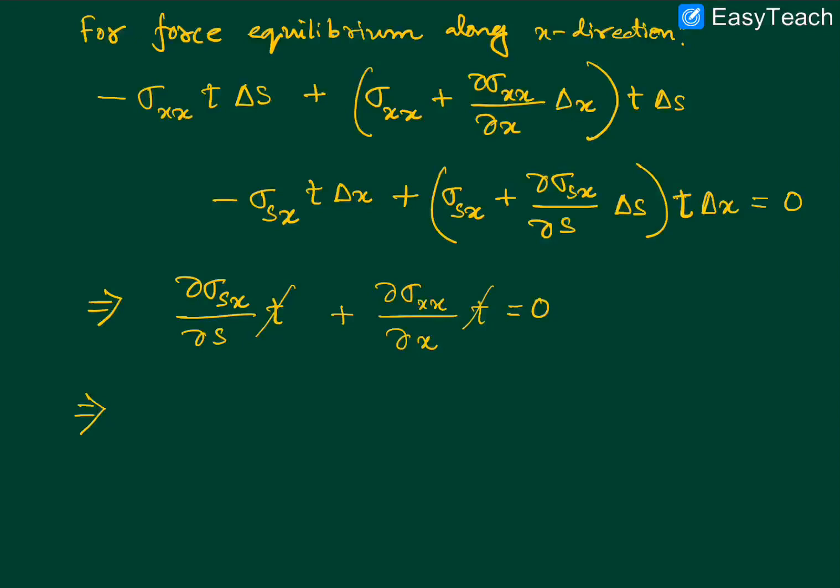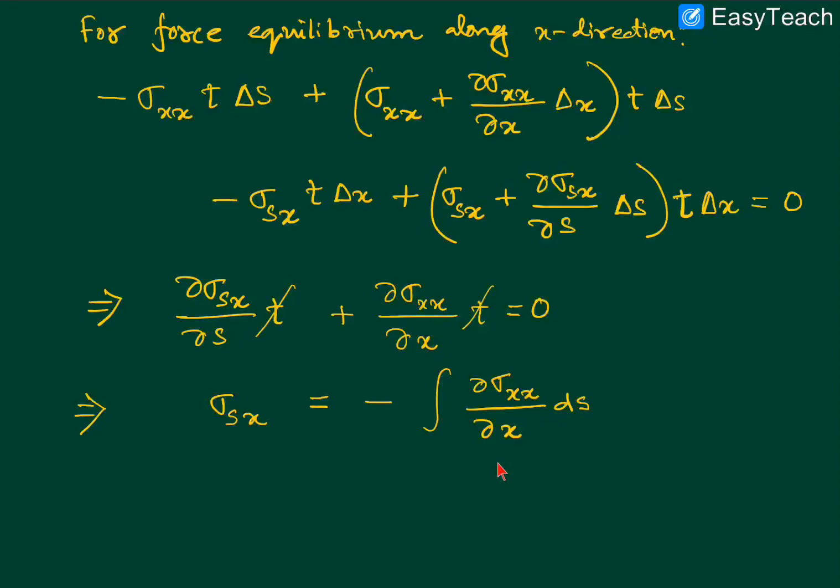So what that will give us is sigma sx is equal to minus integration del sigma xx del x ds. Now you see what we have written here is far from complete, because it is absolutely possible to write this in the form of an indefinite integration.